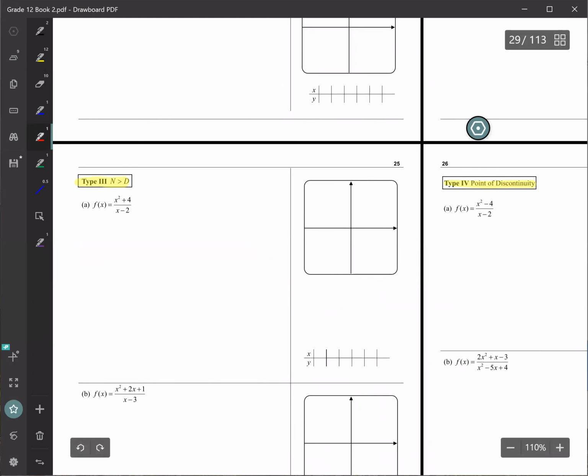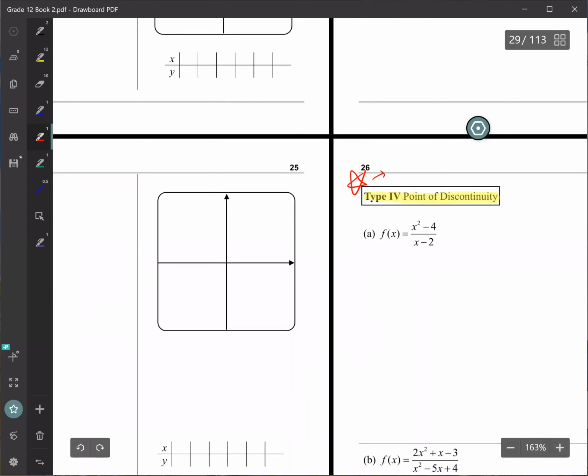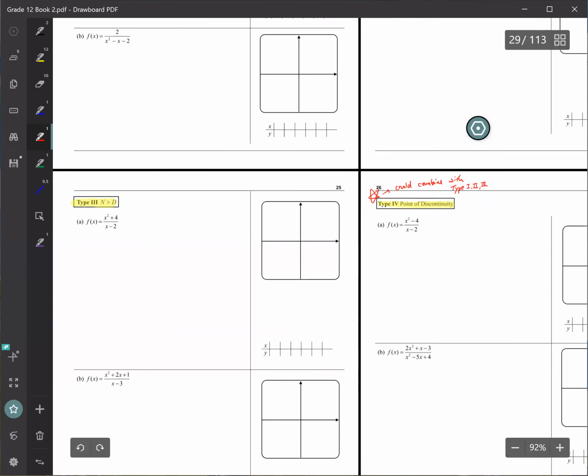So you could put a little star on type 4 and say it could combine with type 1, 2, or 3. That means for type 1, you could also have POD, point of discontinuity, or type 2 or type 3. All right, any questions? So that's a general rule.